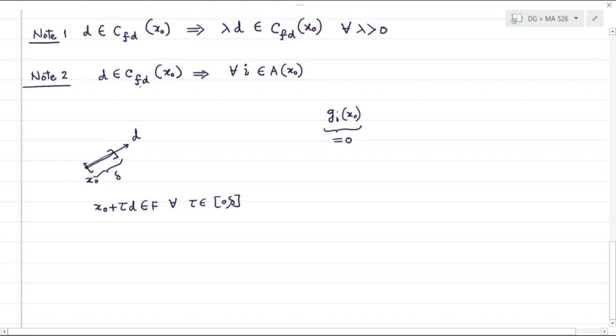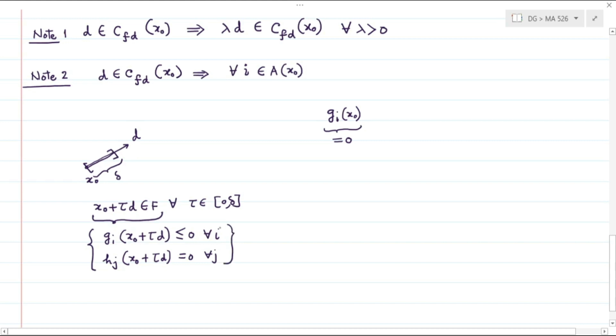That is the definition, right? And what is the meaning of x naught plus tau d belonging to the feasible region? Obviously then x naught plus tau d is a feasible point, and if it is a feasible point, then you have gi(x naught plus tau d) less than or equal to 0 for all i, and as well you have aj(x naught plus tau d) equal to 0, and this is for all j, right?